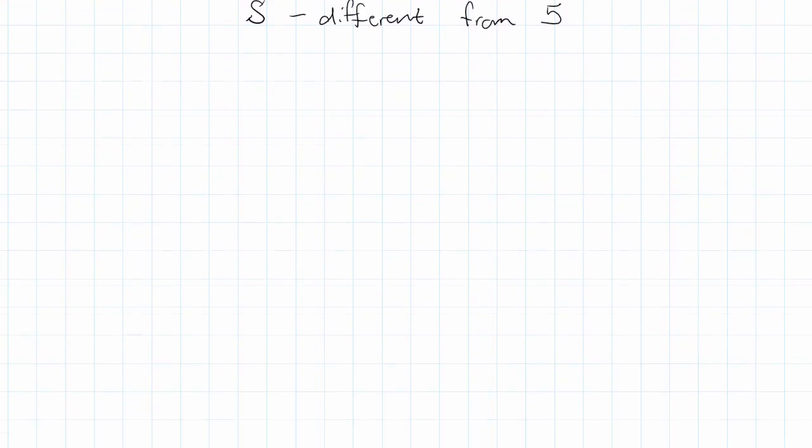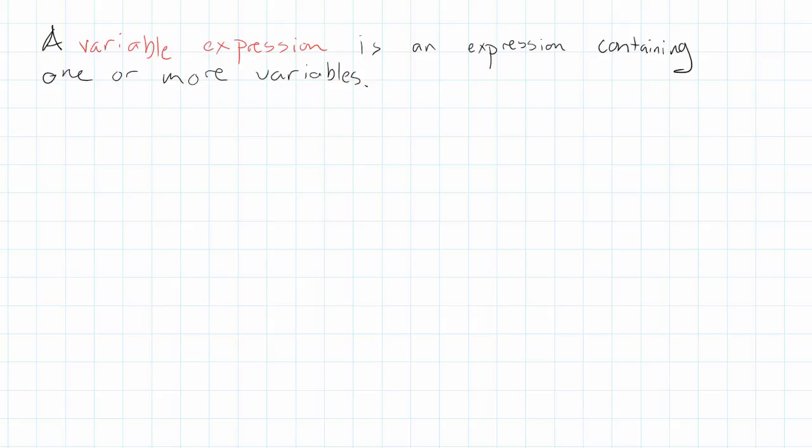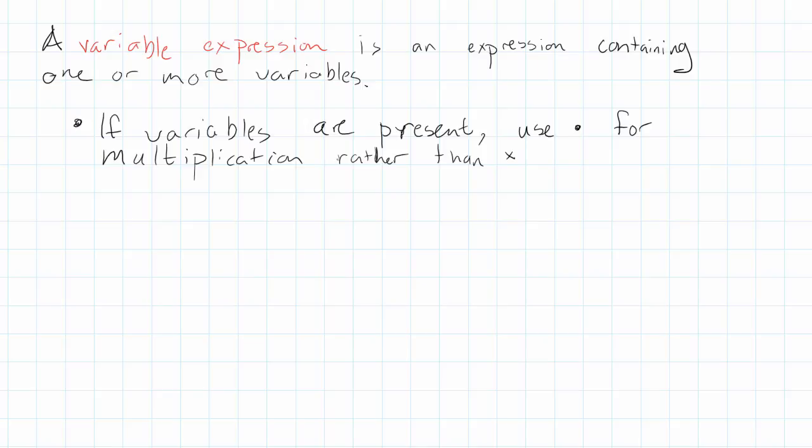Okay, so now that we know what variables are, what's a variable expression? Well, that's simple enough. A variable expression is just an expression containing one or more variables. A couple of notes.